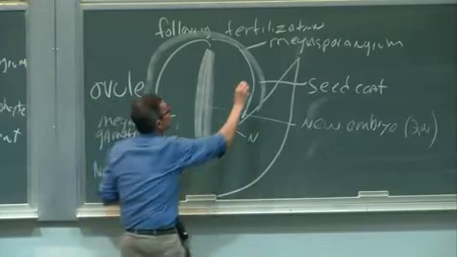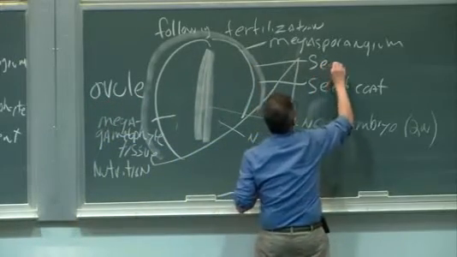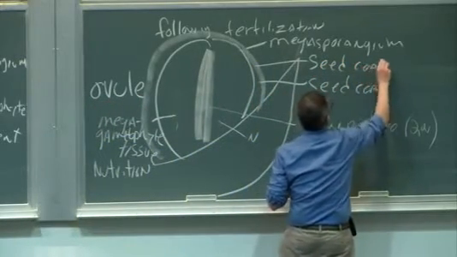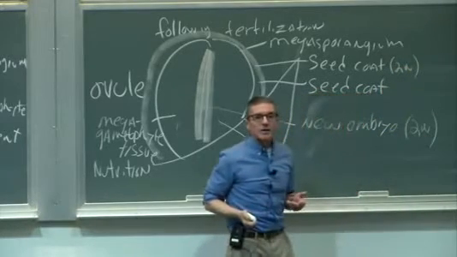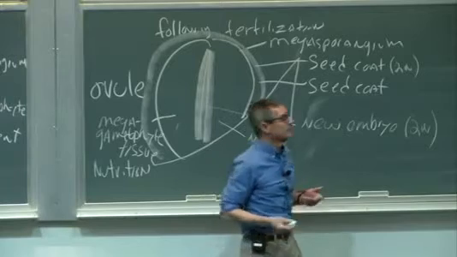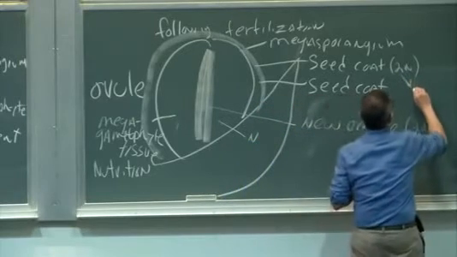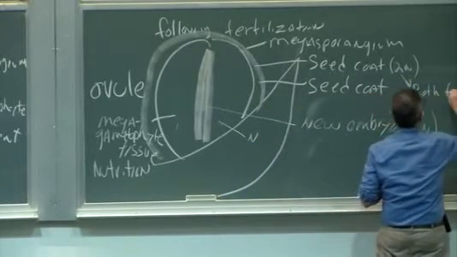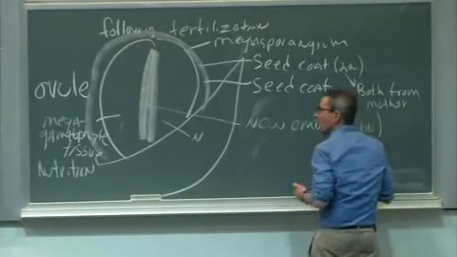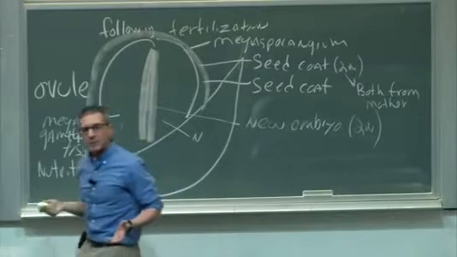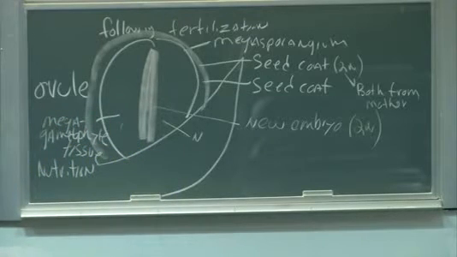And then we have the seed coat. It's 2N, and both of the N's come from the mom. So here we have 3 different types of genetic material which make up a typical seed in the gymnosperms, and different portions of the genetic material come from either the dad or the mom, an important point.